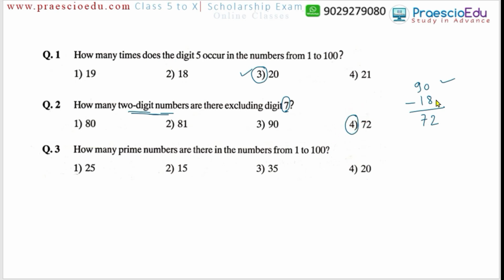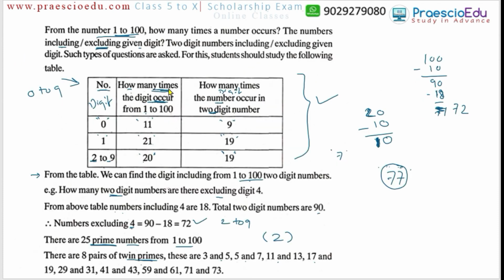How does this 18 come? I'm again repeating. This 19 comes because of the counting of the digits. But here the counting for 77 comes 2 times, whereas in our question we have to deduct this 77 number from the counting, so there is no need to count it 2 times.